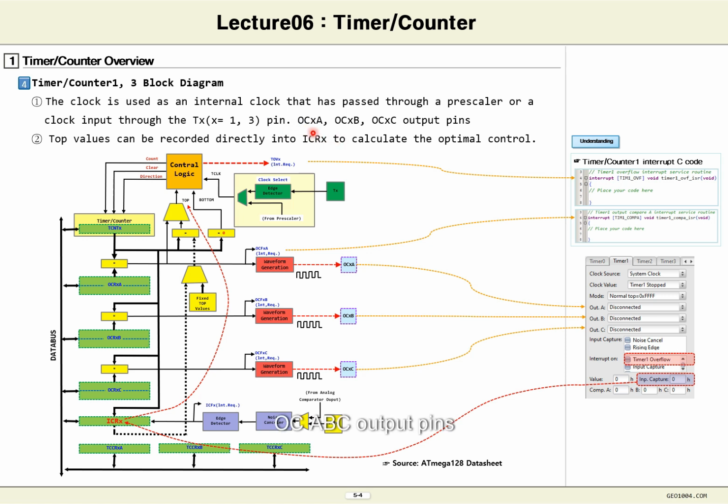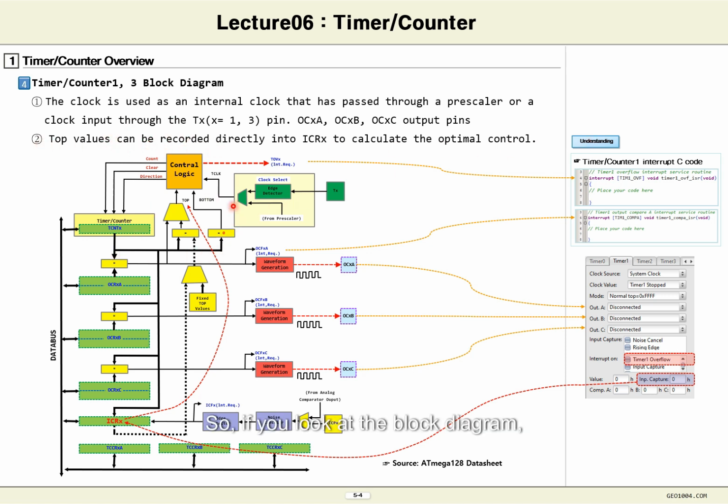OC ABC output pins are provided for each external output pin. By calculating the optimal control, we can record the ICR value directly and use it to set the top value.